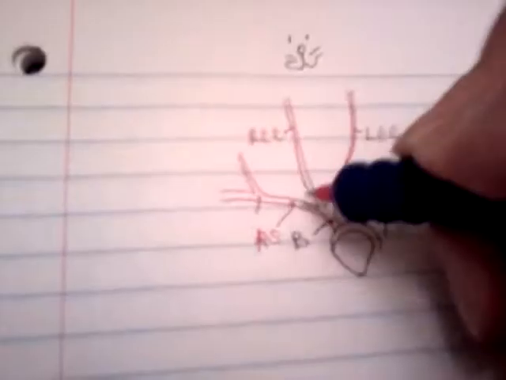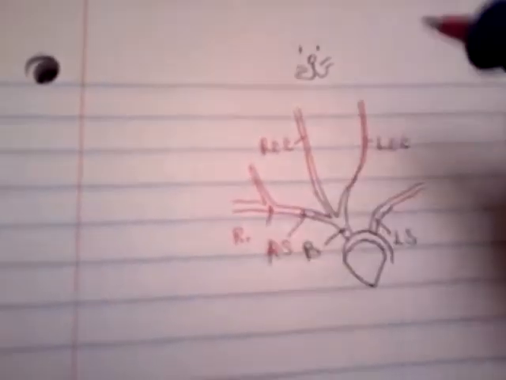So after the right subclavian happens, we have this branching. At this point, it's now called the right axillary. This is at the armpit region. And this branch here is the right subscapular.